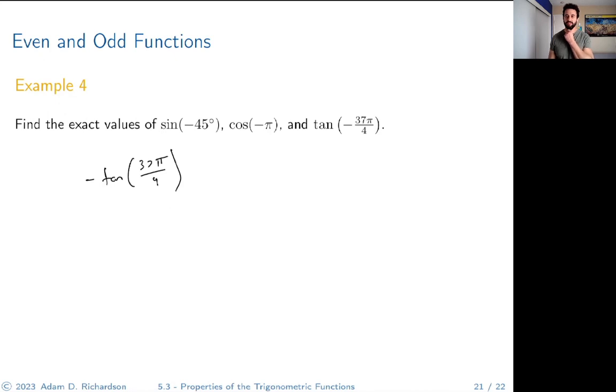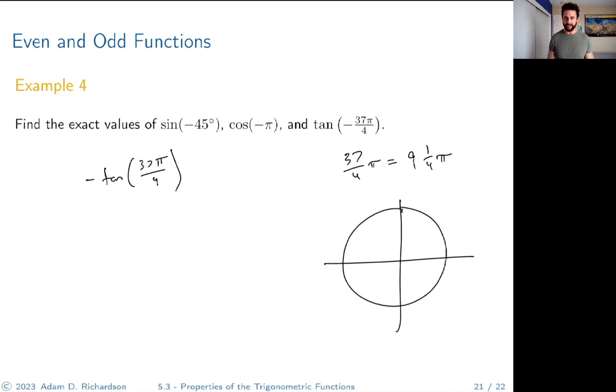Think of it as a multiple of pi and get rid of all the repeated rotations, all the repeated revolutions. So let me do some side work here. 37 over 4 pi. 37 divided by 4 is how much? 36, so 9 and 1/4 pi.